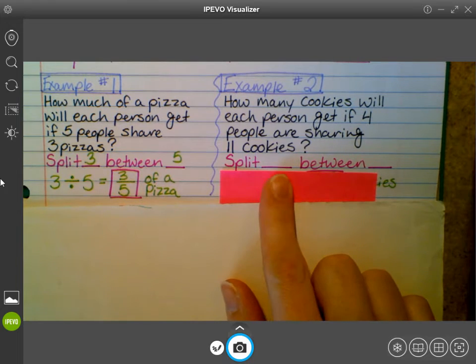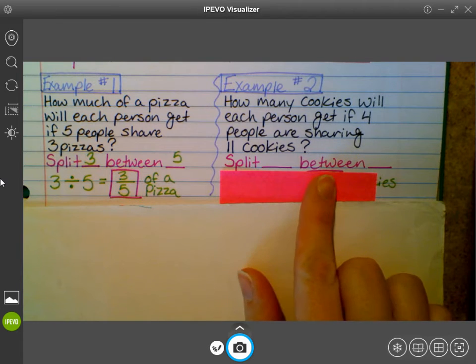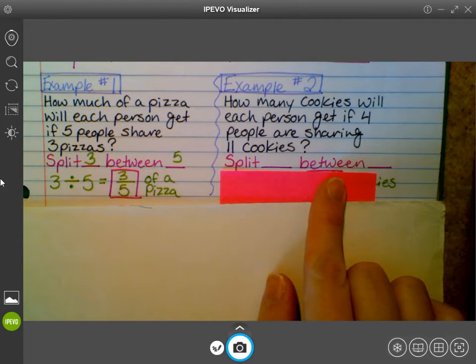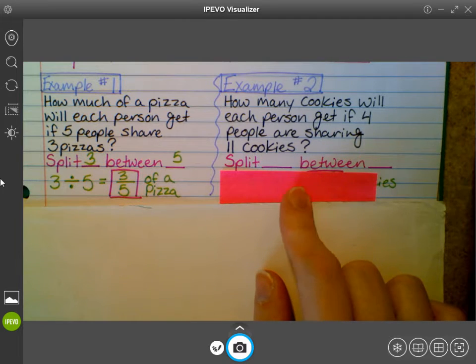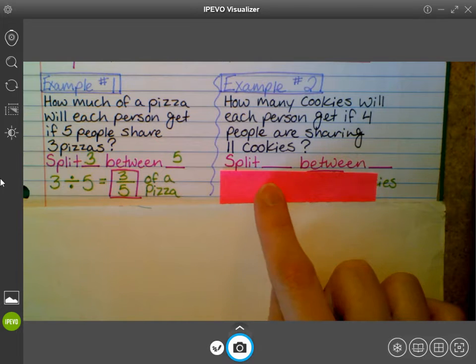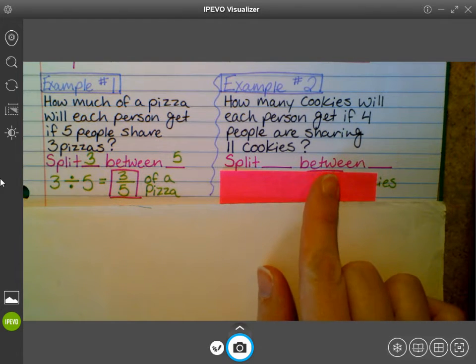Again, for splits, that's okay. What is the thing or things that we are splitting up? And between, who are we splitting it between? All right, I want you to turn and share with the person next to you. What are we splitting and who are we splitting it between?